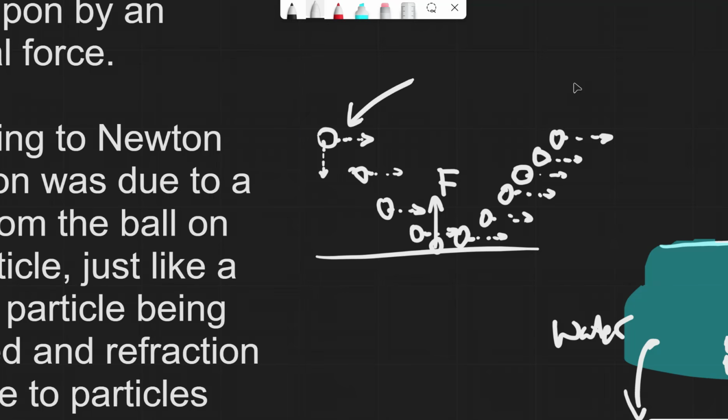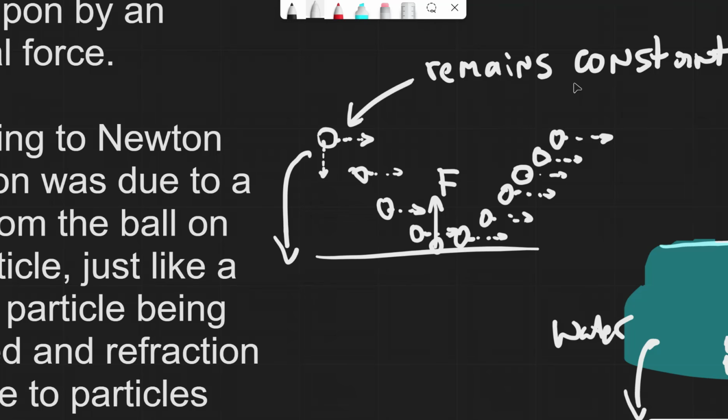So let me just make a note here that the horizontal component remains constant or unchanged, and it is the vertical component that changes. It will actually have a complete change of the direction. So it's going down initially, and then it will be going up like so.